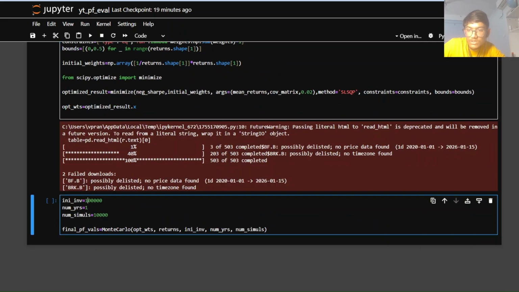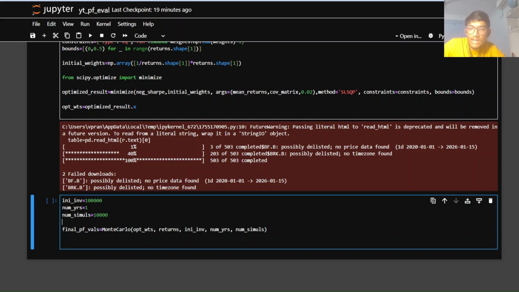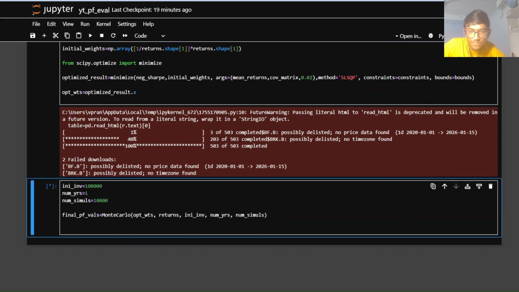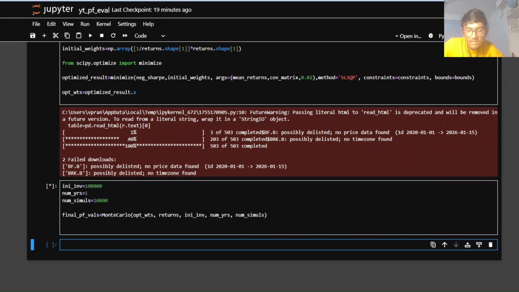Then our initial investment, which is a lakh, number of years, which is 1, and number of simulations, which is 10,000. So let's go and execute this, right? And finally, let's just display the mean of all the final portfolio values, its standard deviation, the 5th percentile, the 95th percentile for analysis.